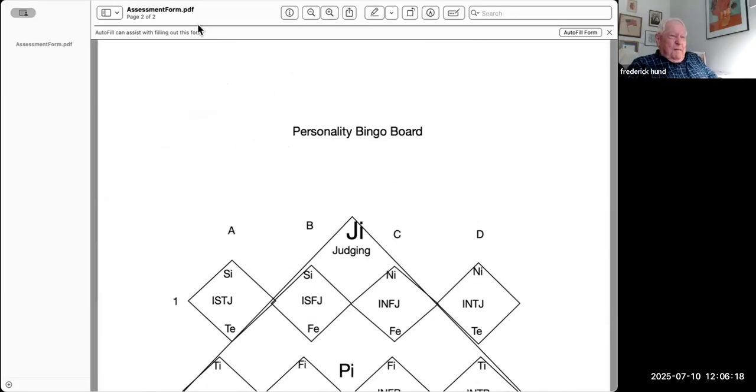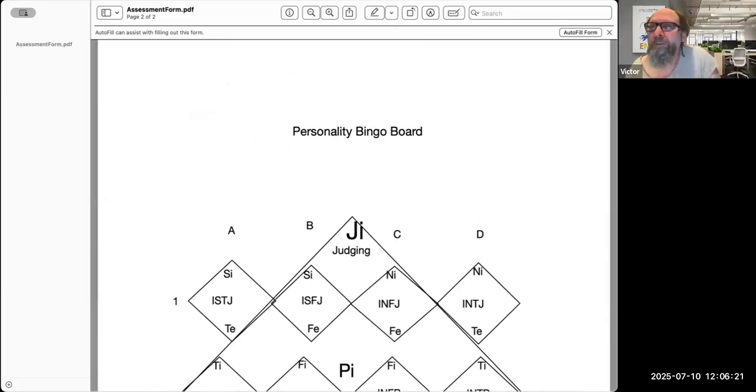Anyway, let me wrap it up because I know we're past time. There's a couple of ways you can go with this, and it's up to you how you want to proceed.